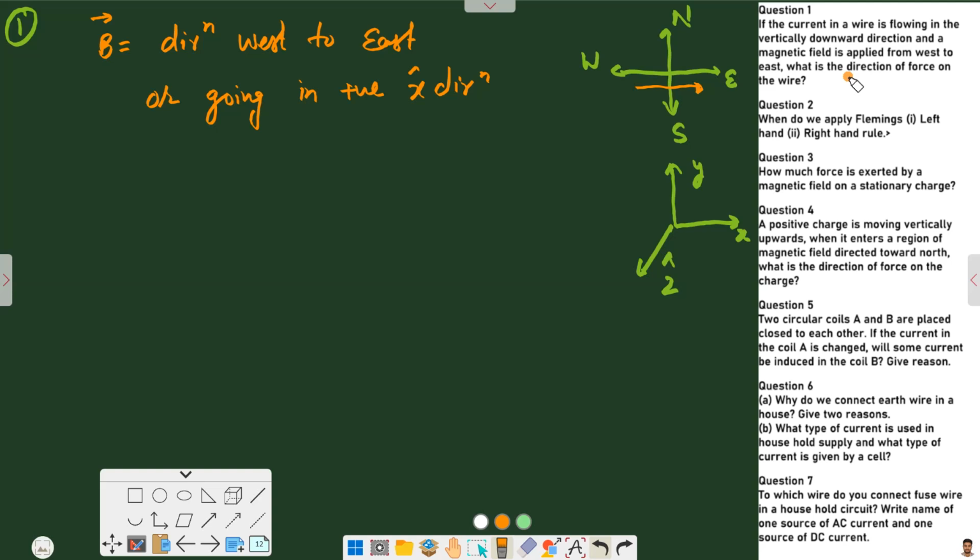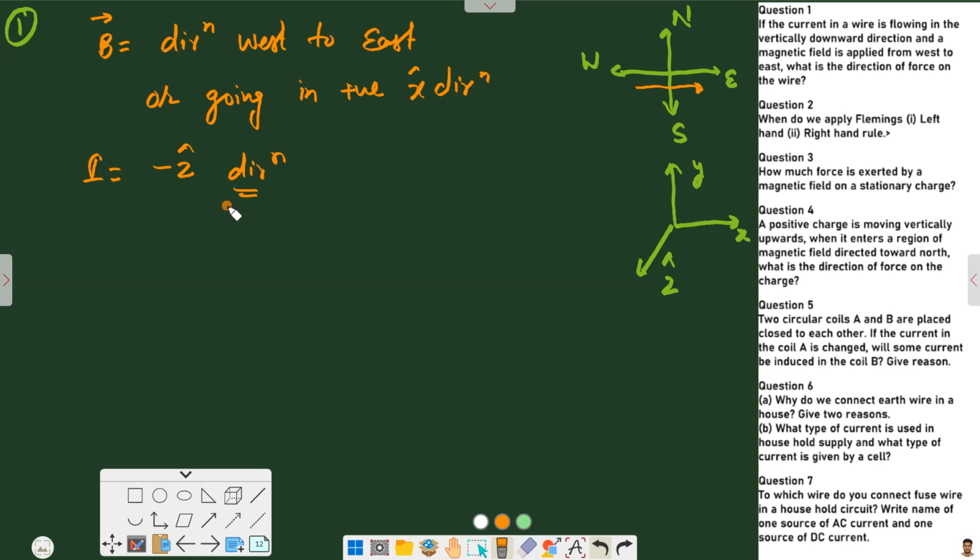So let us find the direction. According to our xyz, our conductor will be in the z direction because the conductor is coming out of the screen, perpendicular to east to west. As the current is going downward, the current will be in the minus z direction. You can also visualize this like this.